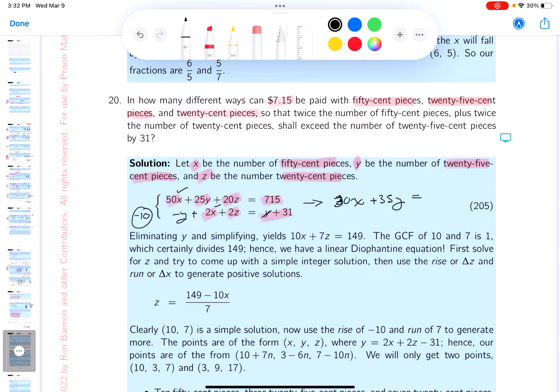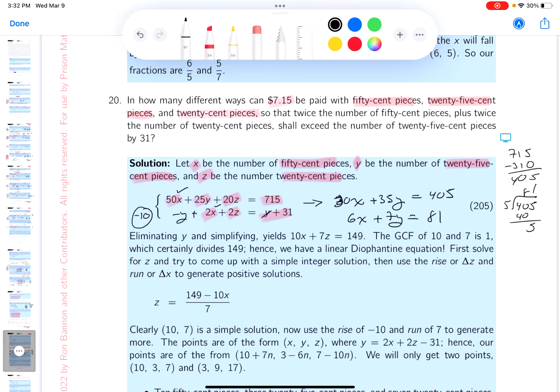Then I get 715 minus 310, which is 405. Okay? What I'm going to do now is divide by 5. You can get 6x plus 7y equals, and I'm going to do 5 into 405. That goes in 81 times.